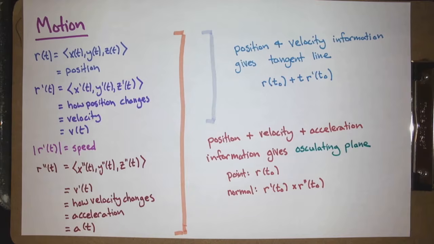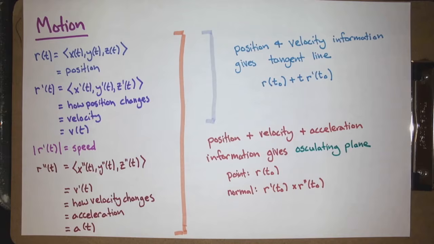So what we'll do is we'll have the plane have the point, and at the same time, it has the vectors that tell you motion, r prime, and acceleration, r double prime. So the normal will come from taking r prime cross r double prime.